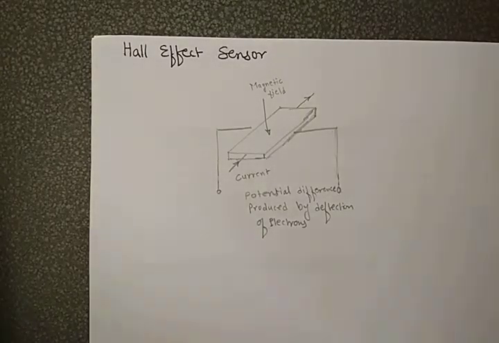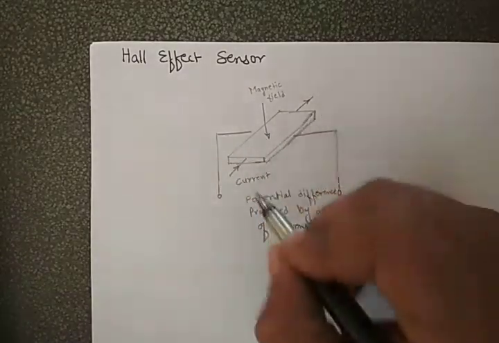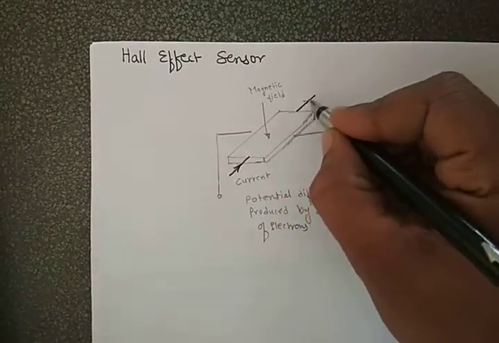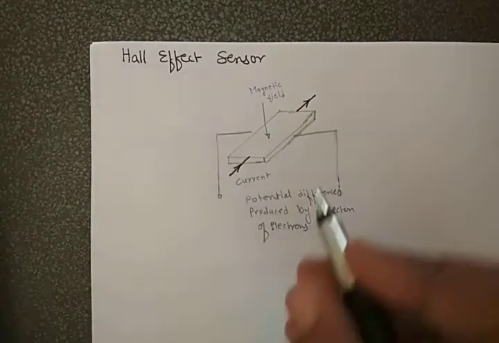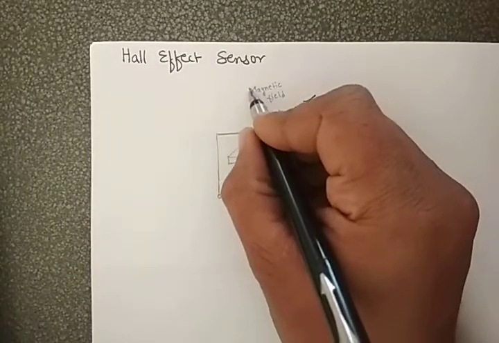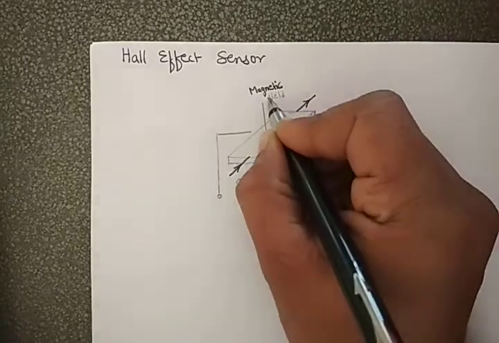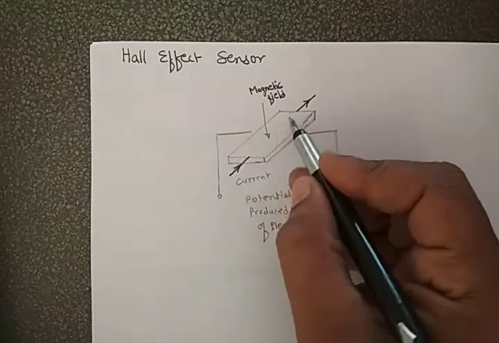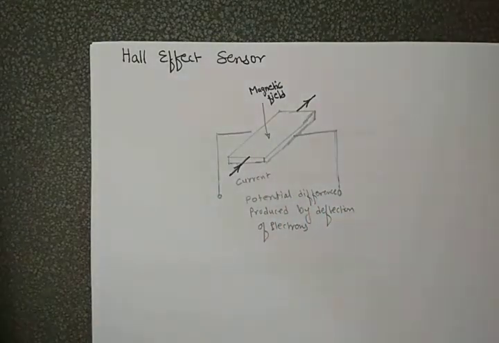To understand it very easily, I'll tell you what will happen. We take a conductor and we pass current through it in one direction. Now, when a magnetic field comes in contact with this conductor which is carrying current, what will happen?